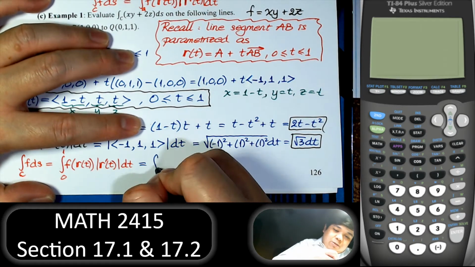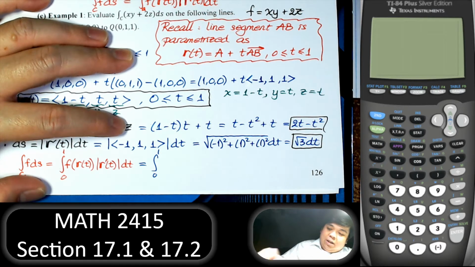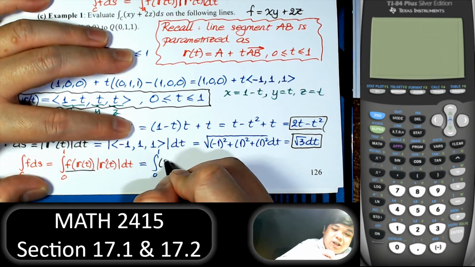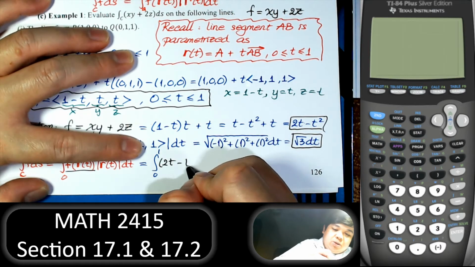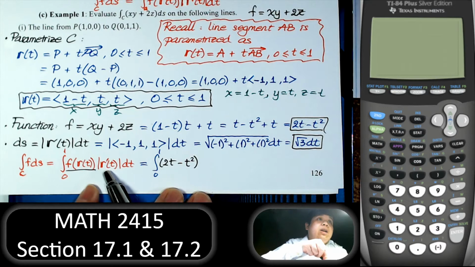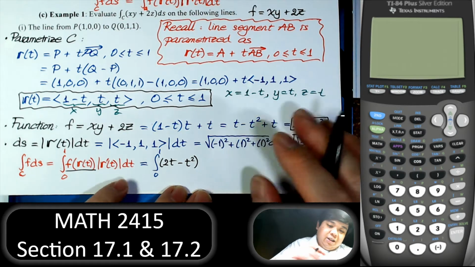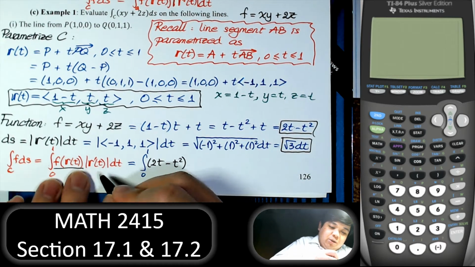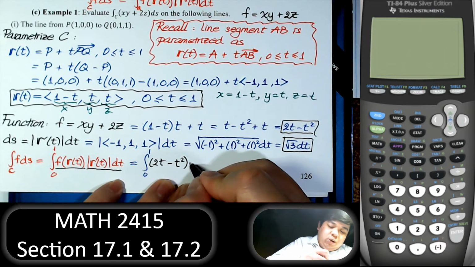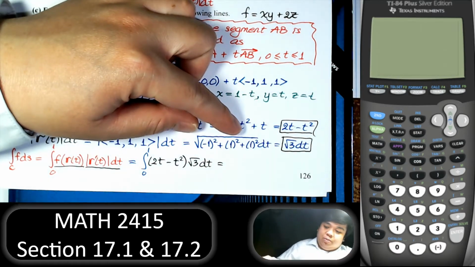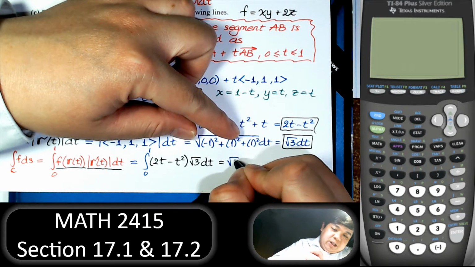So we just multiply those two together. We have the integral from 0 to 1. The function in terms of t is 2t minus t squared. The magnitude of the derivative of the vector is square root of 3 times dt. I will factor out the square root of 3.